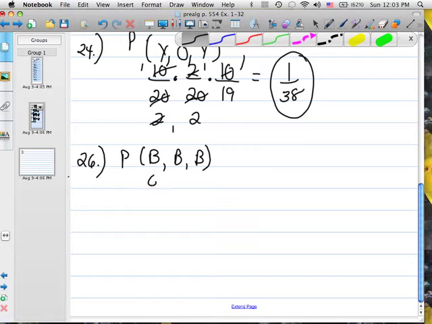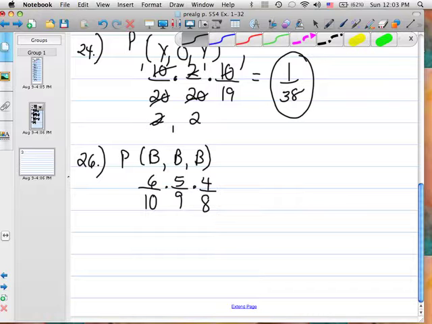There are 6 boys, and there's a total of 10 people. Okay, so we drew a boy's name out, and we're not putting it back. So there are 5 boys left and 9. And then there are 4 boys left and then 8.